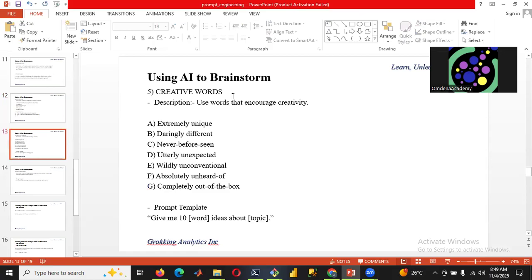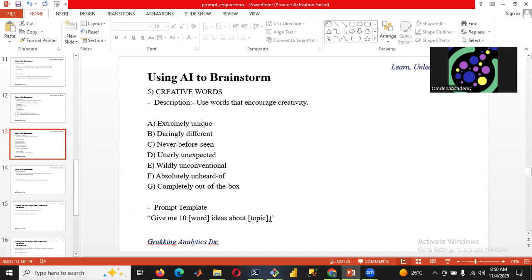Then the next one is creative voice. You have to engage creative voice, like extremely unique, daringly different, never before seen. All these are creative words that you can inject into your query to make your query very unique. So for instance, give me 10 ideas about this topic.